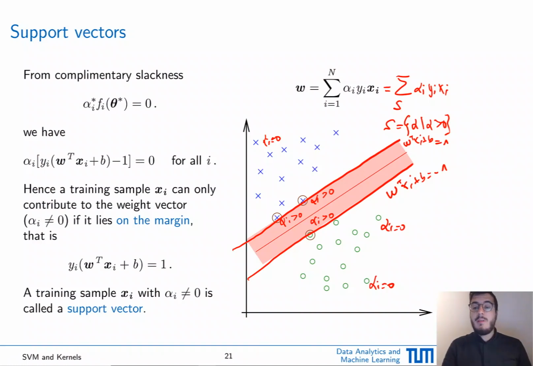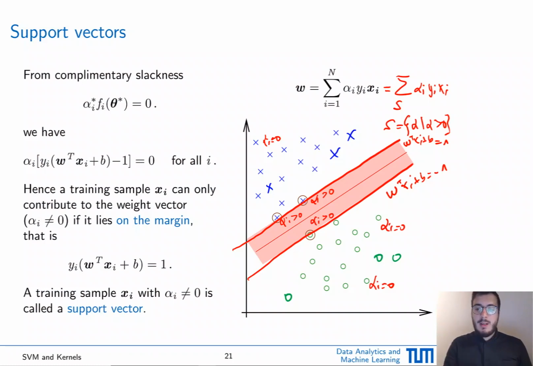Let's say now we have a new data set and we have these additional data points, maybe here a couple more additional data points. In this case, the solution would not have changed, because none of these additional data points will be support vectors, or in other words, will contribute to the final weight vector.